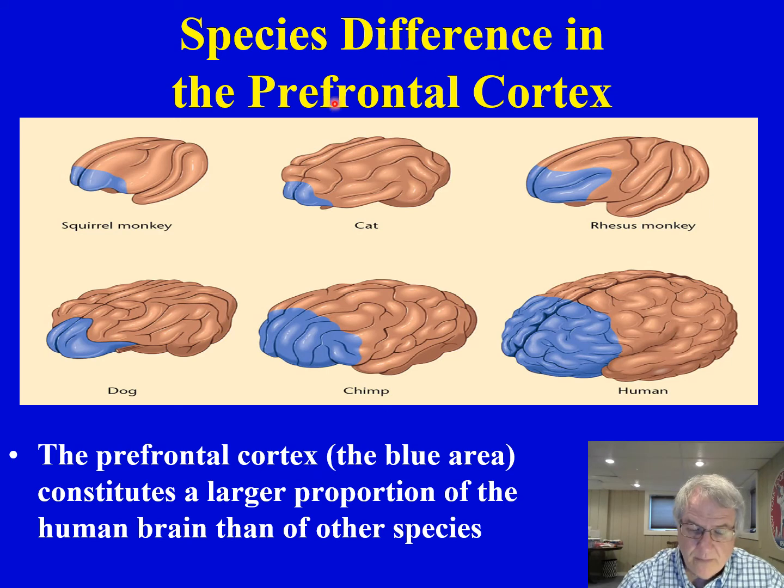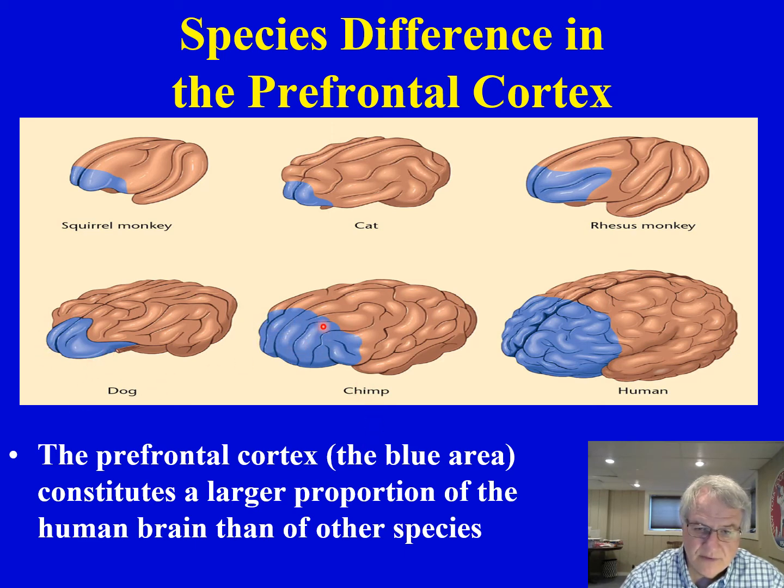So when we compare across species, in terms of what the prefrontal cortex looks like, in terms of the amount of it relative to human beings and mammals on other parts of the evolutionary phylogenetic scale, here's squirrel monkeys, here's cats, here's a rhesus monkey, here's chimpanzees, here's dogs.